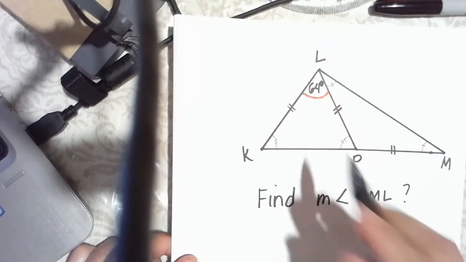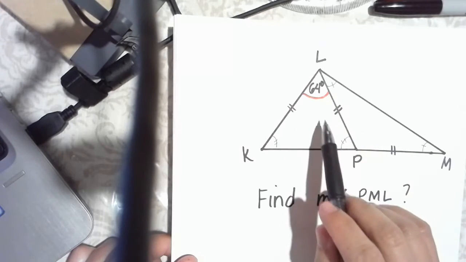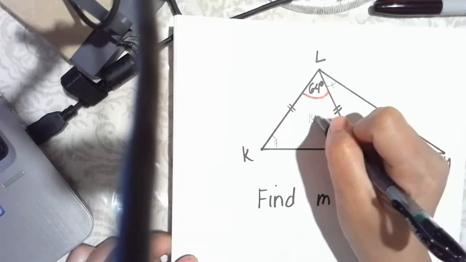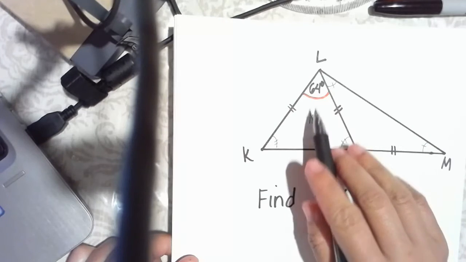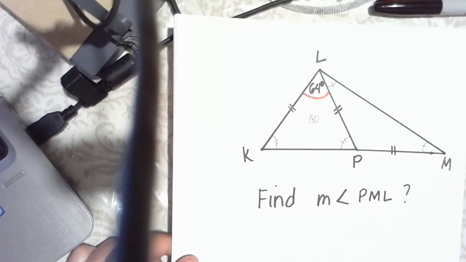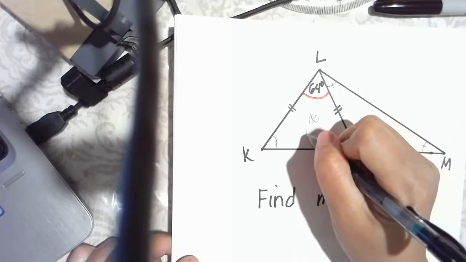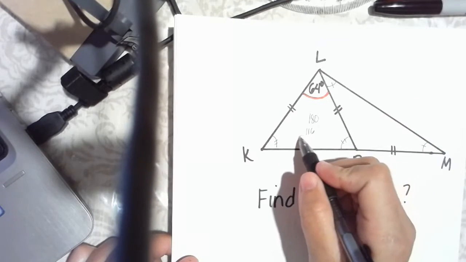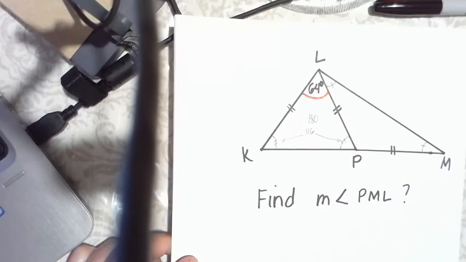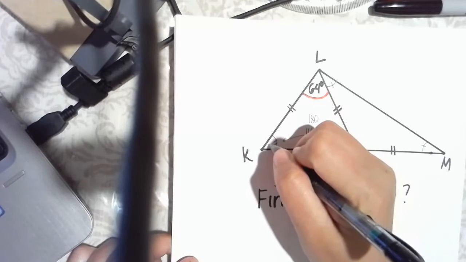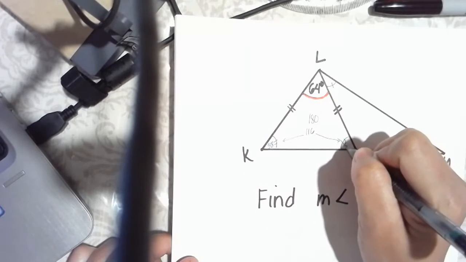If this is 64, and we know that the interior angles of a triangle sum to 180 degrees, we need to subtract 64 from 180, and that will give me 116. There are two angles that we need to divide, so we need to divide it by 2. So each angle here is 58.